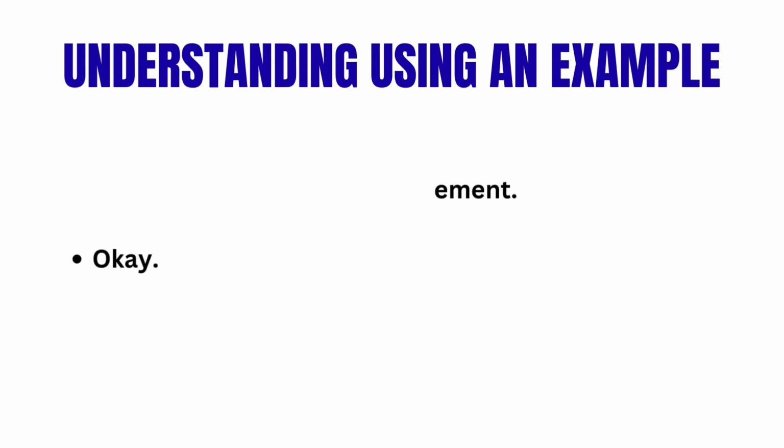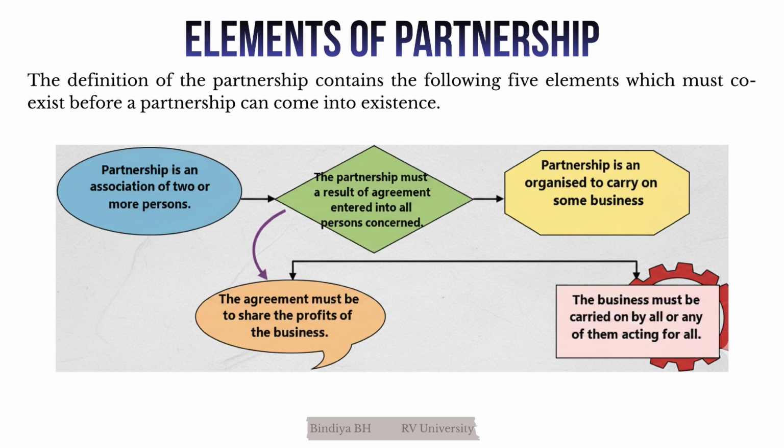The third element is the partnership must be for carrying on a business. Mere co-ownership of property does not amount to partnership. I repeat, mere co-ownership of any property does not amount to partnership.